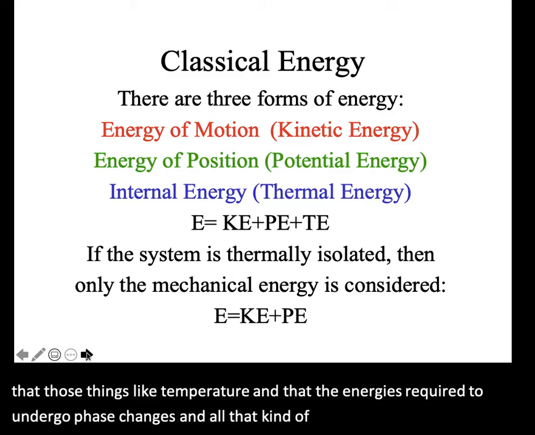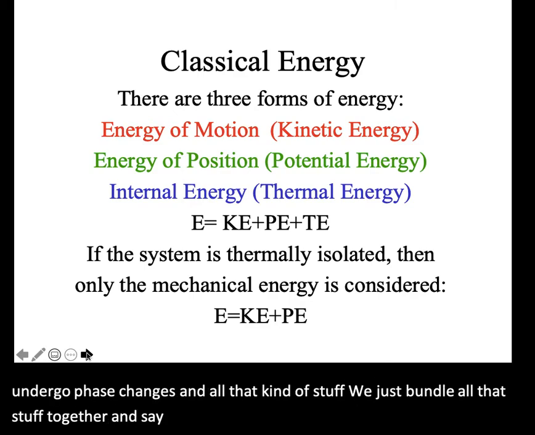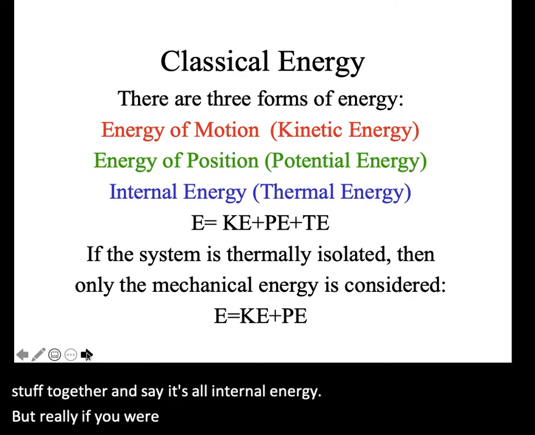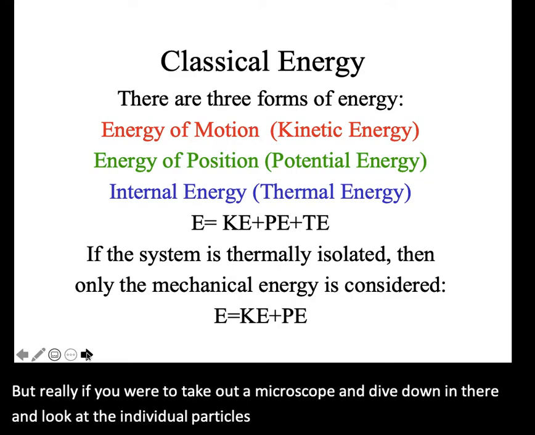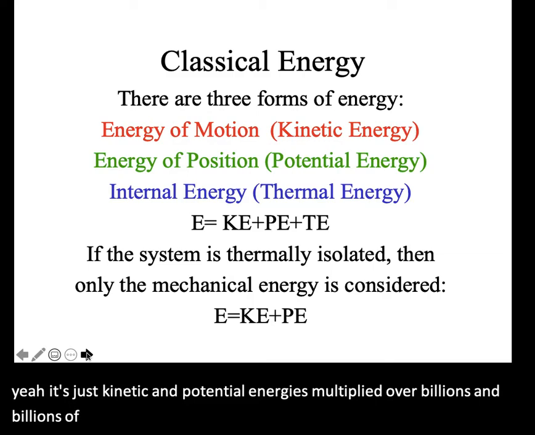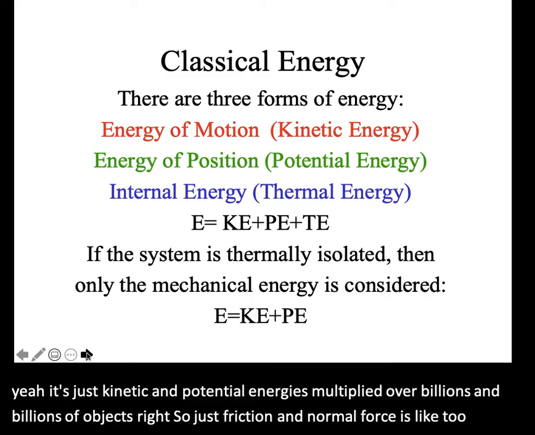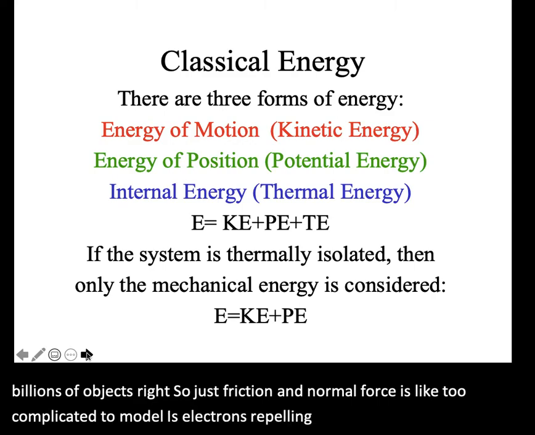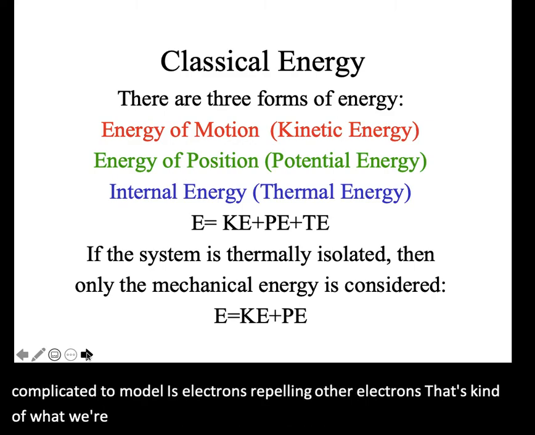We just bundle all that stuff together and say it's all internal energy. But really, if you were to take out a microscope and dive down in there and look at the individual particles inside of an object, you would say, oh, yeah, it's just kinetic and potential energies, multiplied over billions and billions of objects, right? So just like friction and normal force is too complicated to model as electrons repelling other electrons, that's kind of what we're doing with thermal energy here, is we're bundling all that stuff together.